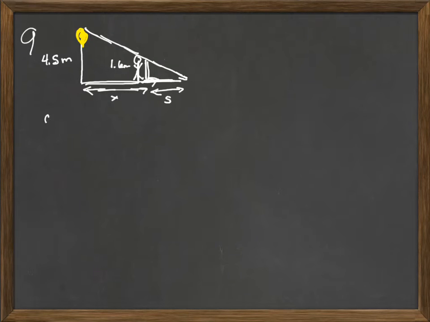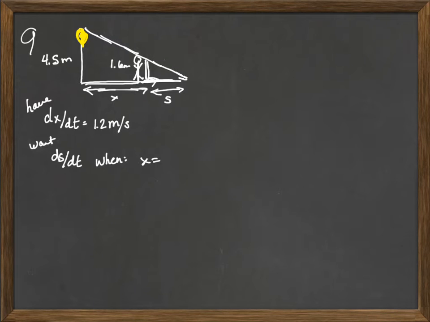So that means we're given dx/dt is equal to 1.2 meters per second. And it wants to know the rate the length of his shadow is increasing. Because we made it s, that would be ds/dt, when x, how far he is from the light, is let's say 6 meters. x equals 6.